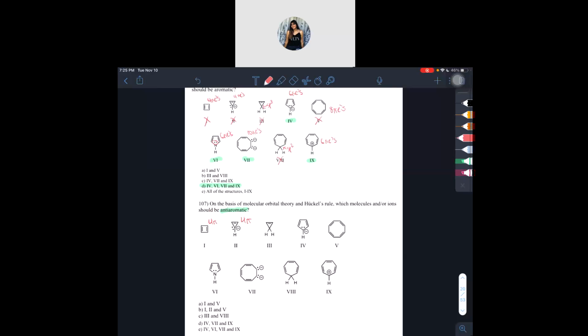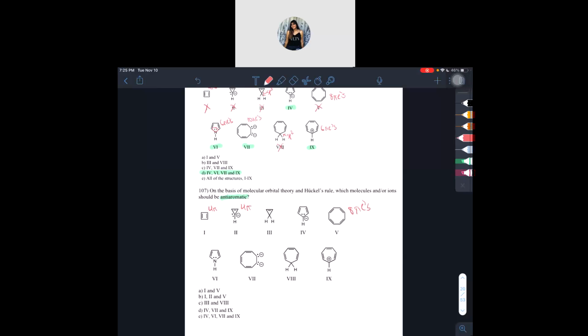This is 8 pi electrons. And then this one, we know these are aromatic based on what we learned from before. And then this guy here is sp3 hybridized, so we know that cannot be anti-aromatic. This one is also sp3 hybridized. So that means 1, 2, and 5 are our answers.